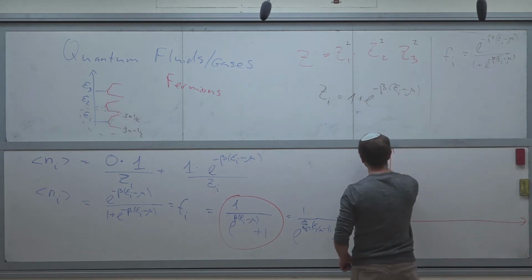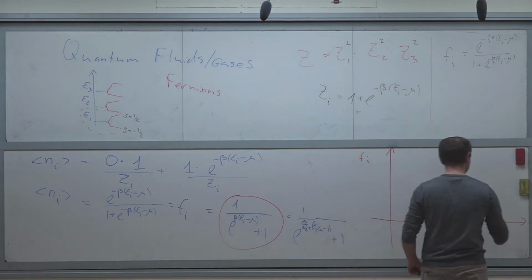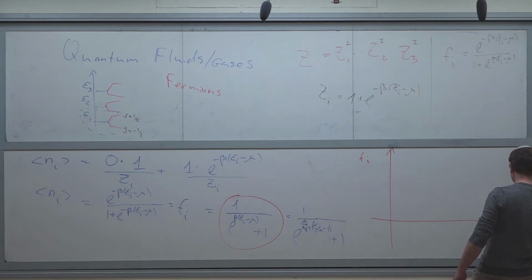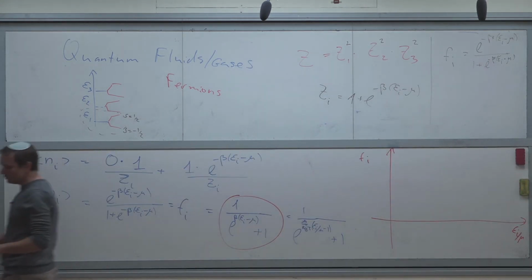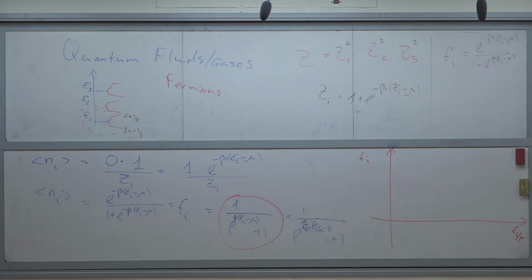So this is our Fi. This is epsilon I divided by mu. And I want to plot it for different values of mu.